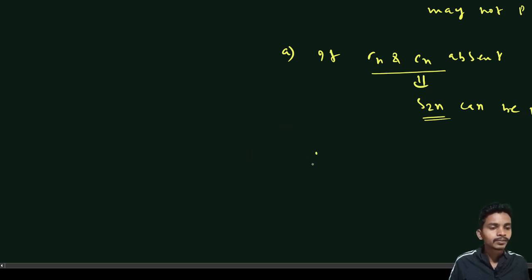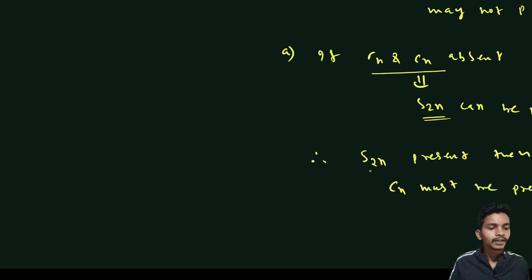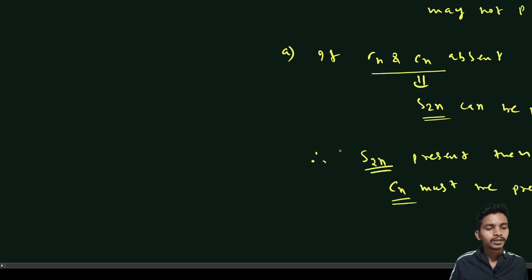This is the reason why these conditions we have applied: if sigma h and Cn are absent, because if S2n is present, then Cn must be present. If S2n is present, then Cn must be present. This is the ultimate, this is a must. If S2n is present, then Cn must be present.